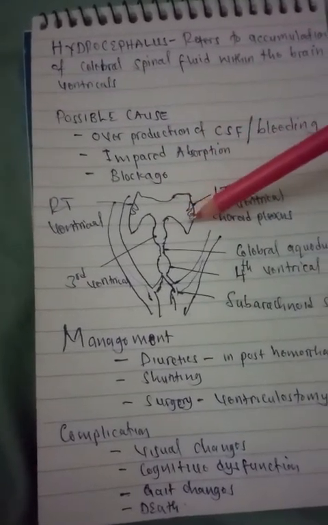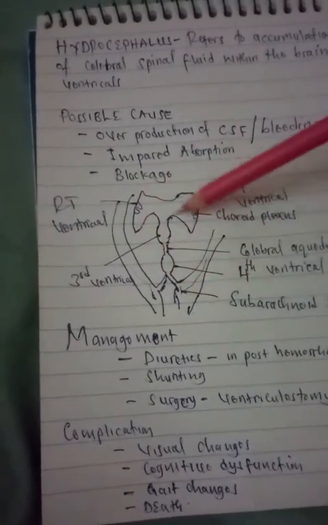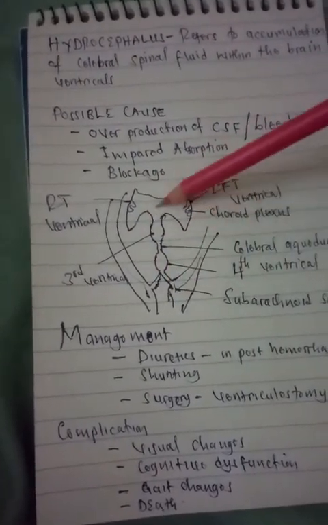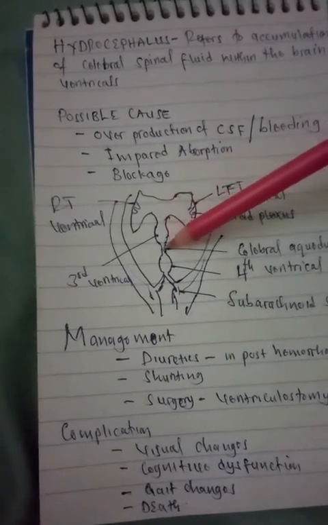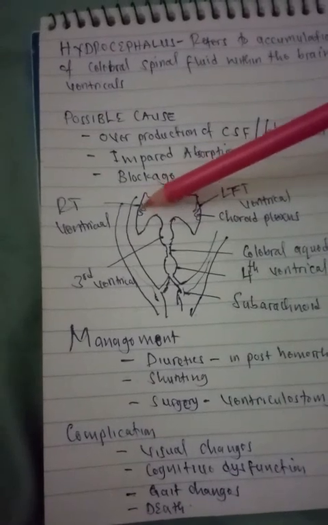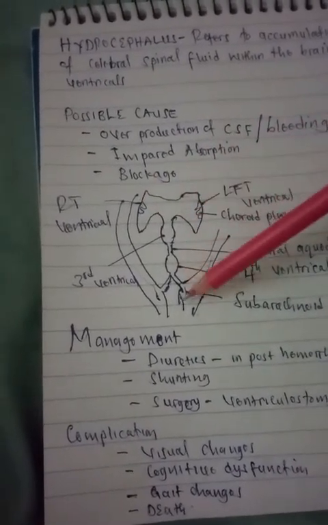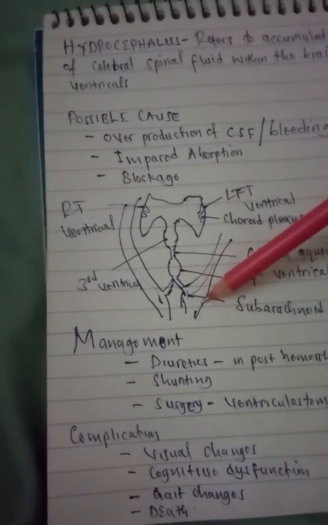And this is the so-called communicating hydrocephalus, where the ventricles communicate freely, but there is overproduction or impaired absorption.